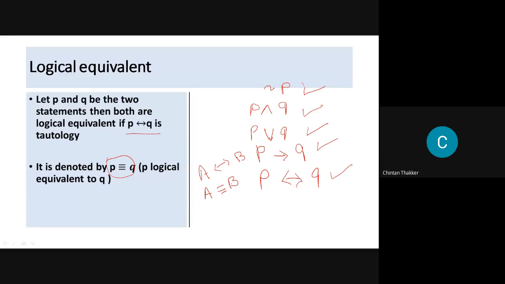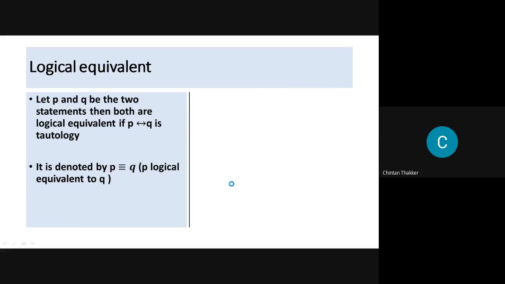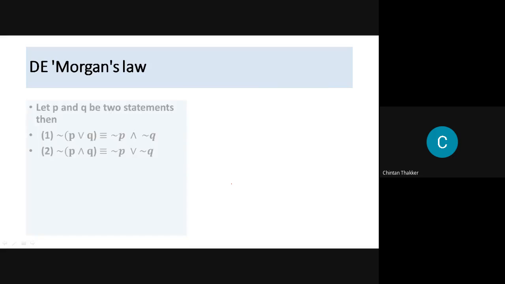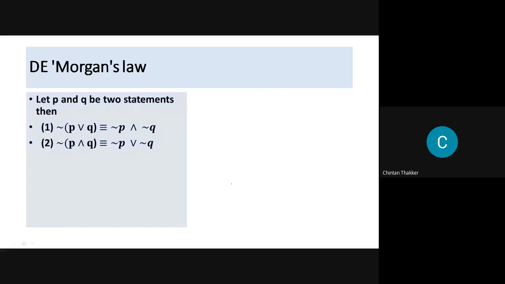Now we use this logical equivalence to prove some theorems. The first theorem is De Morgan's law. So what is De Morgan's law? If two statements P and Q are given, then we have these two statements of De Morgan's law.